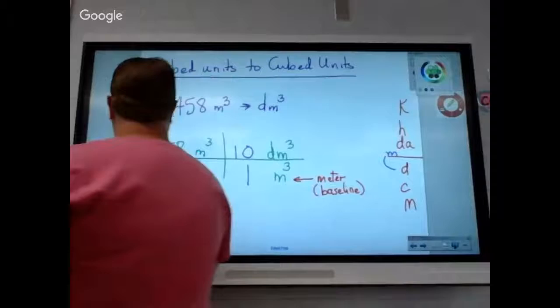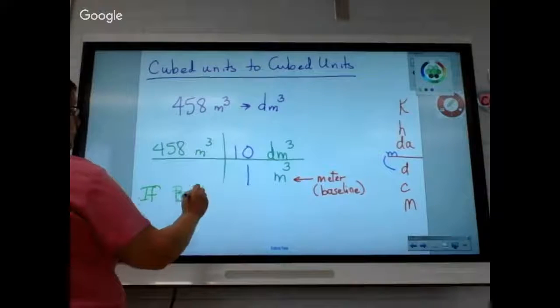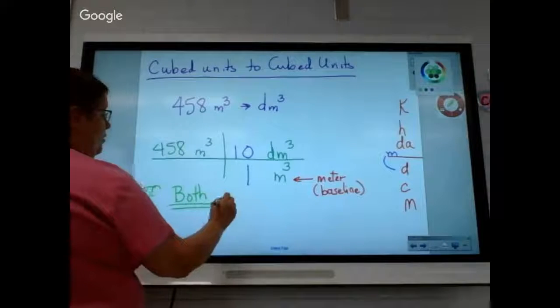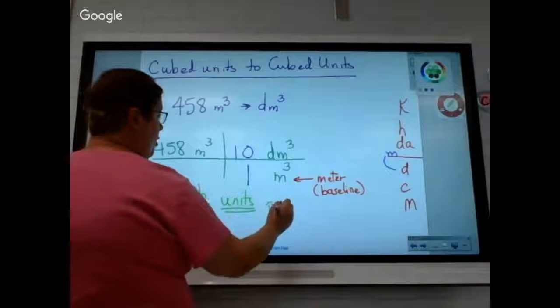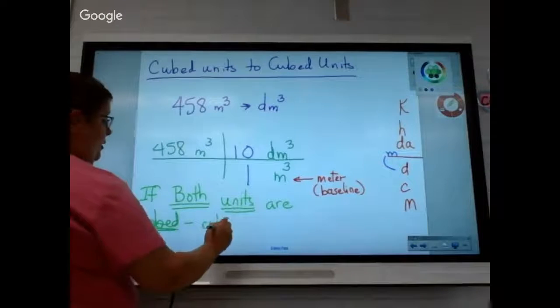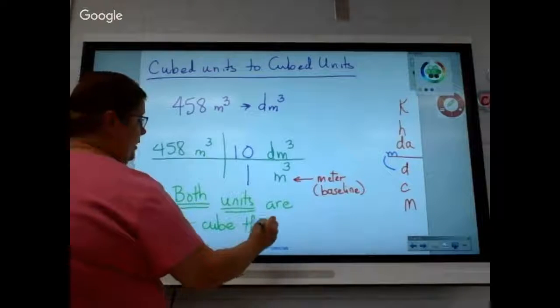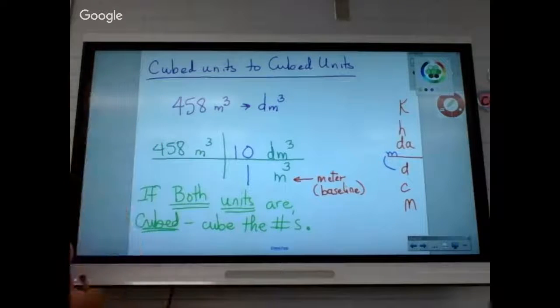If both units are cubed, cube the numbers.